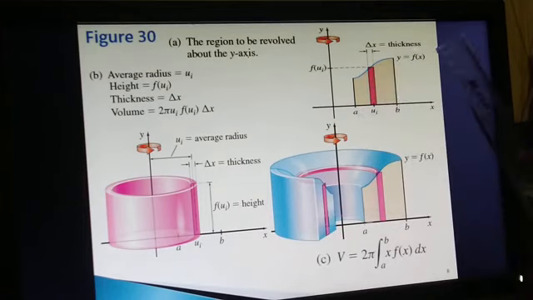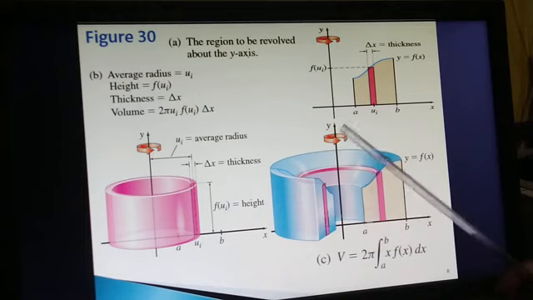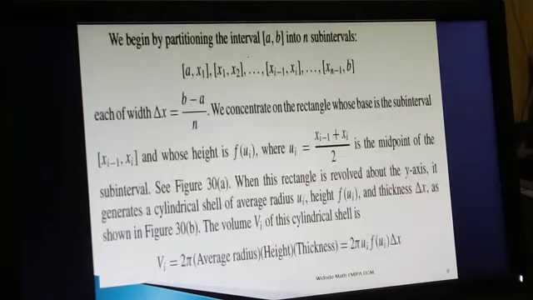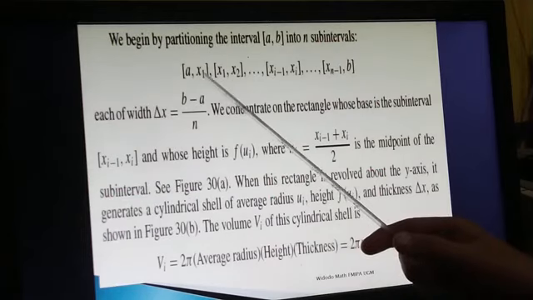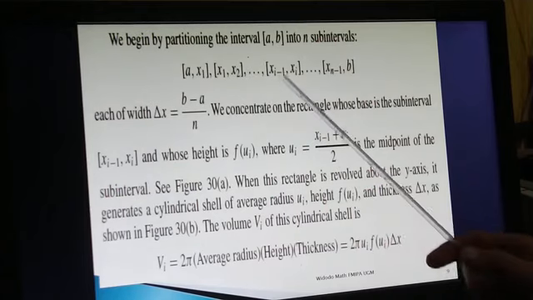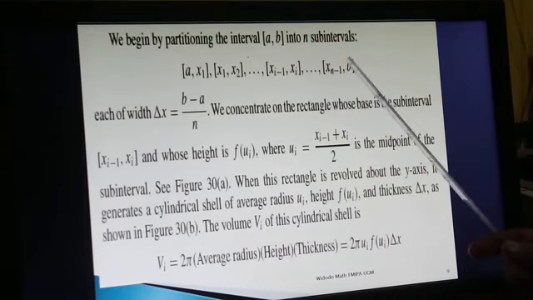But we want to calculate the volume by integrating not with respect to y, but with respect to x, so that later on we have this formula. How do we find it? We start by making a partition on the interval [a, b]: x1, x2, x(i minus 1), xi, x(n minus 1), and b is equal to xn.